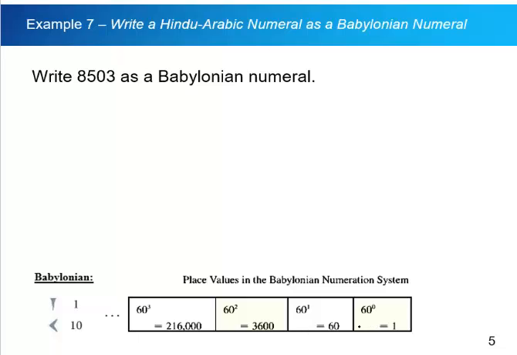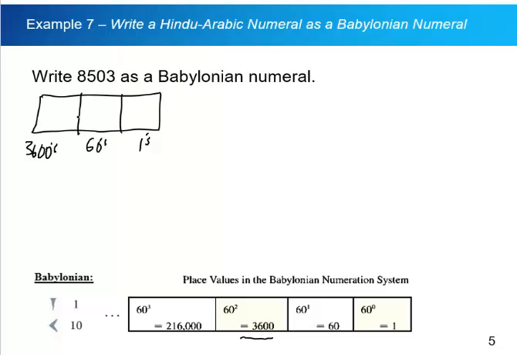So look over here to see the highest number without going over. That would be 3,600. So I know my final answer will have 3 place values: the 1s, 60s, and the 3600s.